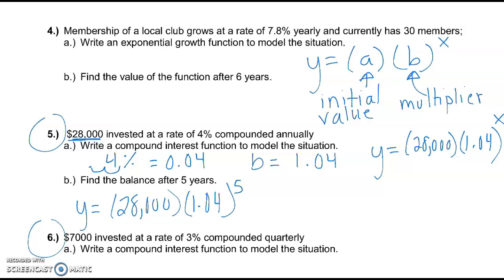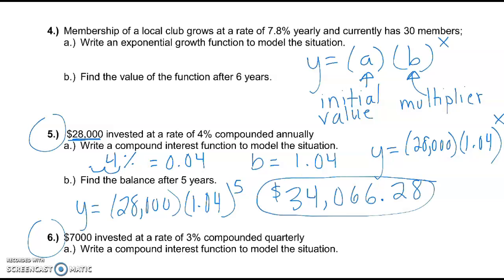When I do that, I get $34,066, and then I'm going to round to the hundredths place because we're talking about money here, so 28 cents there. My initial amount invested was 28,000. I earned 4% every year. After 5 years, that account now has $34,066.28.